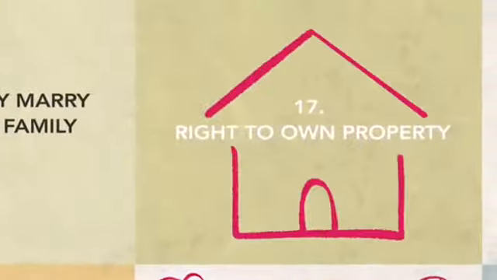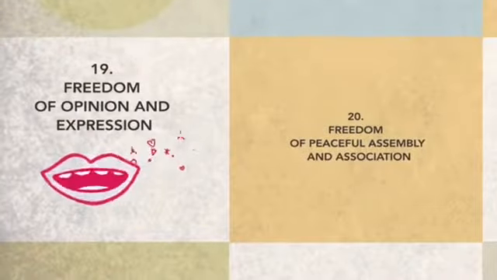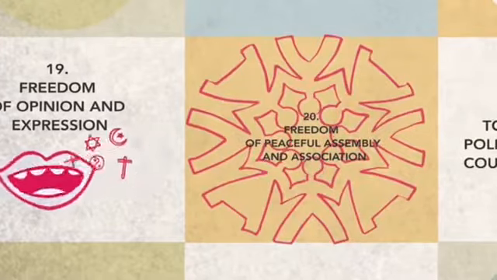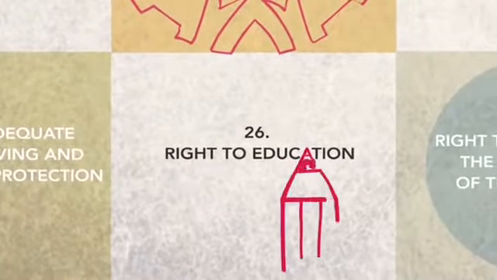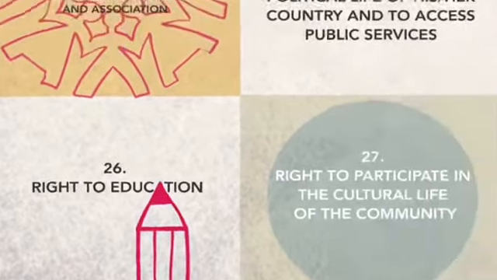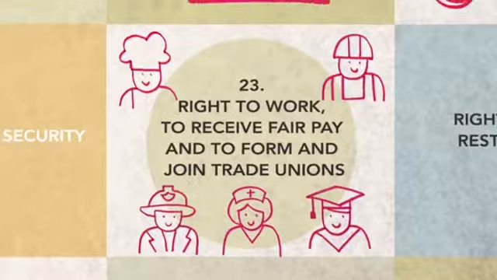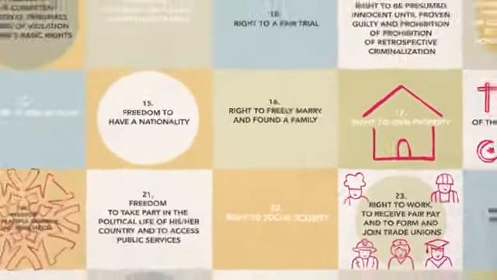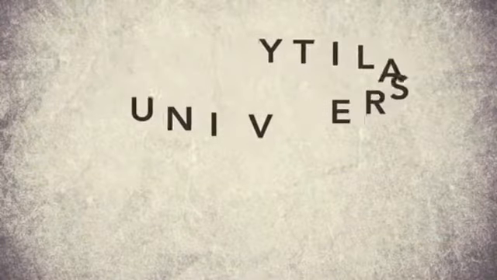It encompasses basic civil and political rights, such as freedom of expression, religion, or peaceful assembly, as well as social, economic, and cultural rights, such as the right to education and the right to freely choose one's occupation and be paid and treated fairly. The Declaration takes no sides as to which rights are more important, insisting on their universality, indivisibility, and interdependence.